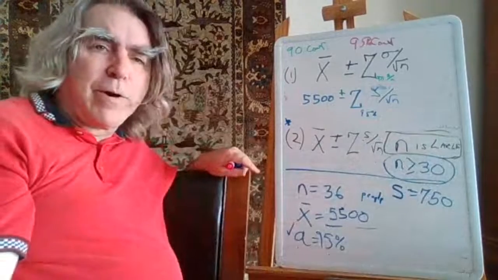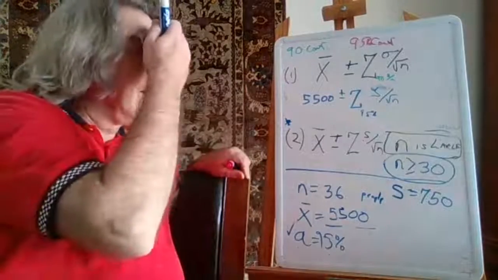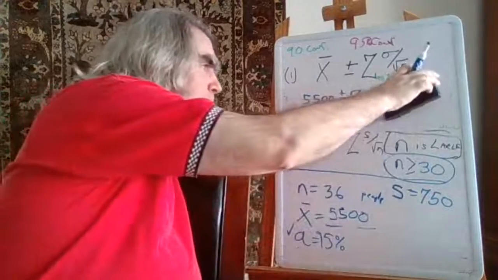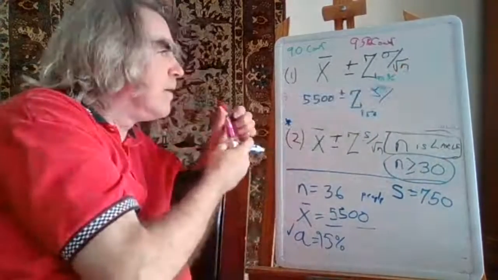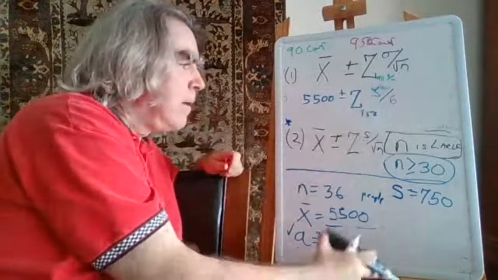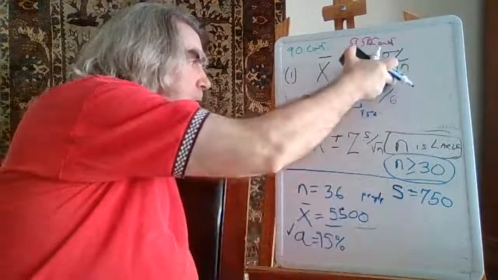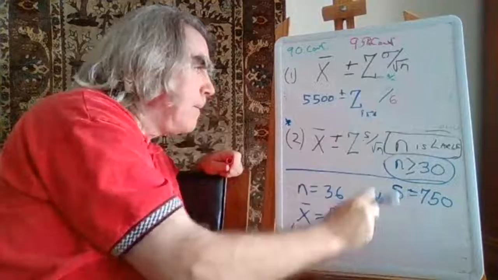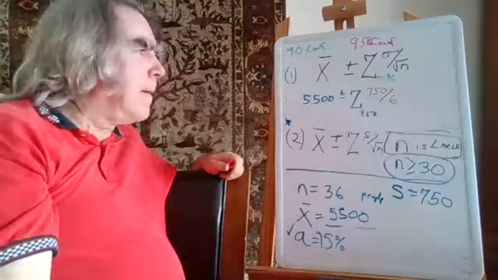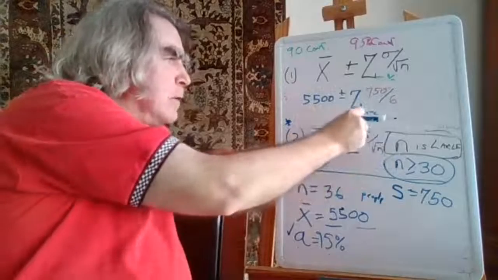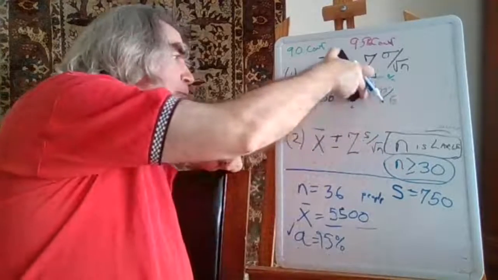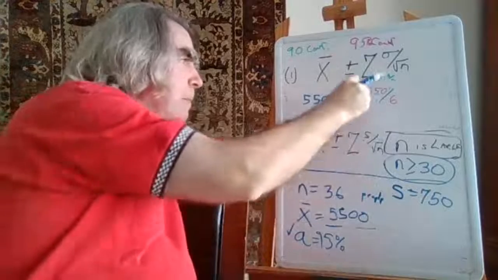Because 36 is more than 30. Plugging these in, square root of 36 is going to be 6. S is 750. Z that corresponds to 95%, again, is 1.96.